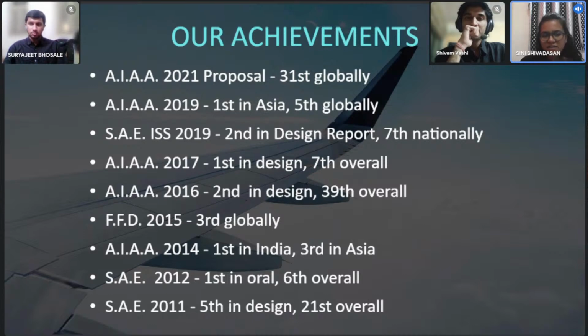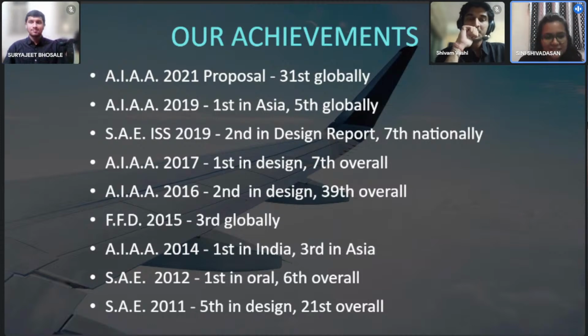These are the list of achievements that we have had over the last few years. The most recent one is in 2021. A team from AeroVJTI submitted the proposal, and we were 31st globally. In 2019, we were the first team in Asia, and we came 5th globally.